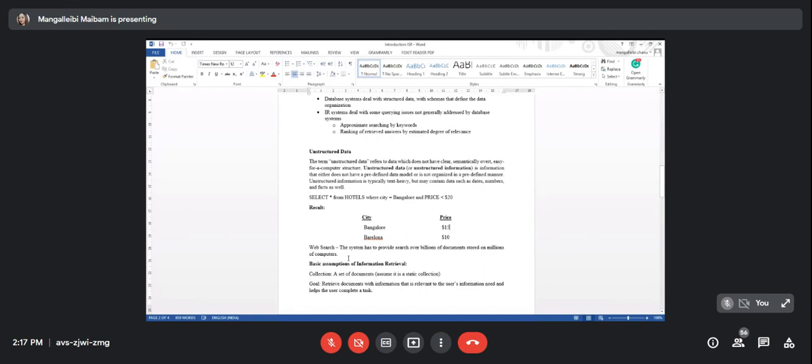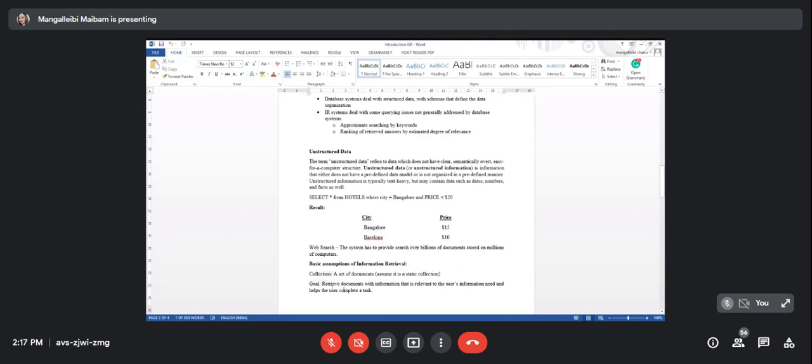Now we will see what a collection is. Collection is a frequent word which we use in this chapter. Every time we solve a problem, there will be this term collection. A collection is nothing but a set of documents. Our goal for information retrieval is to retrieve the documents with information that is relevant to the user's need.